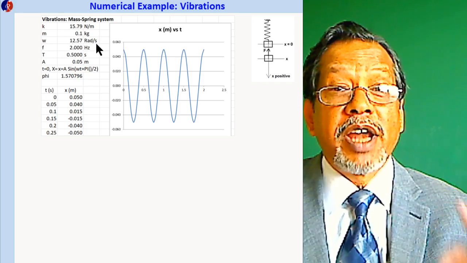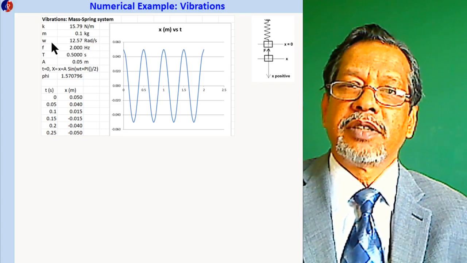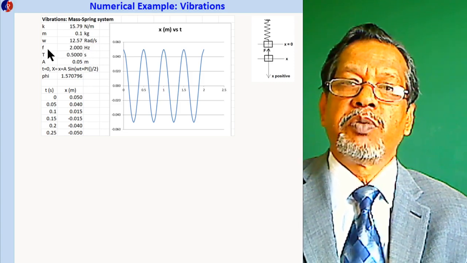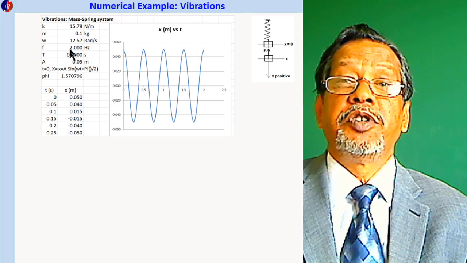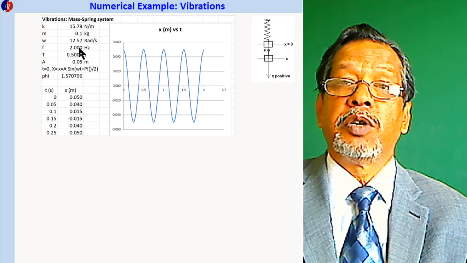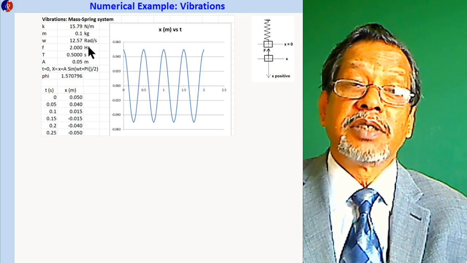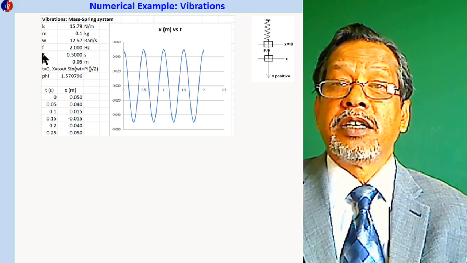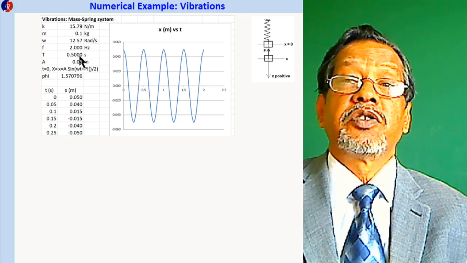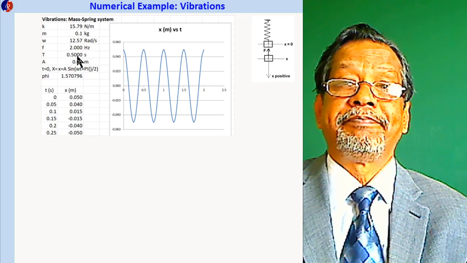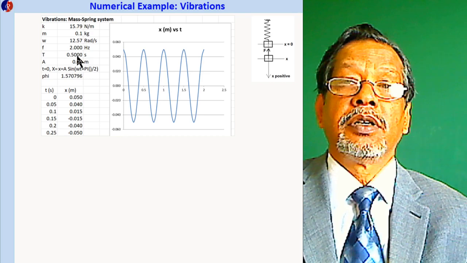Remember, this is radian per second, not degrees. It's angular frequency. Frequency is omega divided by 2 pi. I've chosen the numbers in such a way that it turns out to be 2 hertz. Hertz is the same as cycles per second. The time period is the inverse of that, half a second. That means it takes only half a second to make one cycle, right?